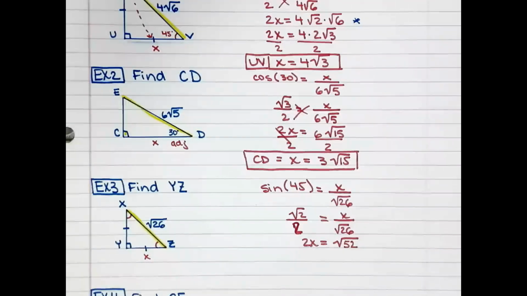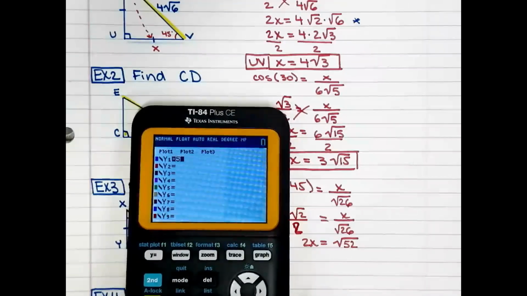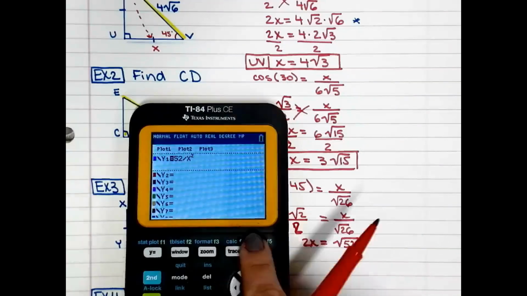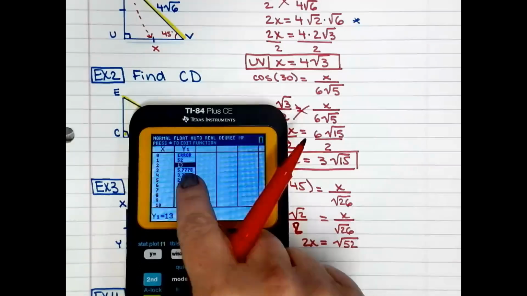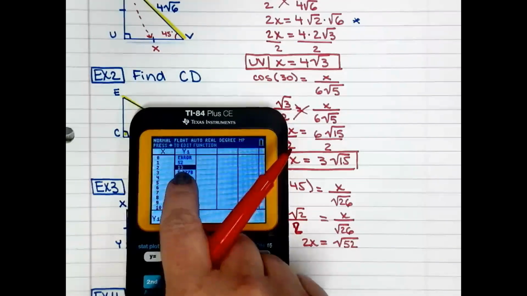Now you have to simplify that square root of 52. If you flat out don't remember, you can go to WhatEquals. If you type in 52 divided by x squared, you're going to look for the lowest y. So the way you read it, you're going to do 2 square root of 13.